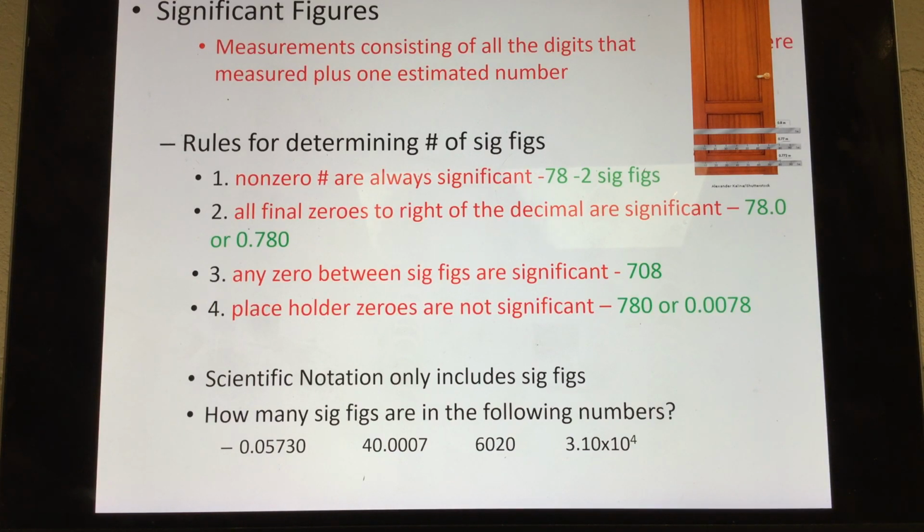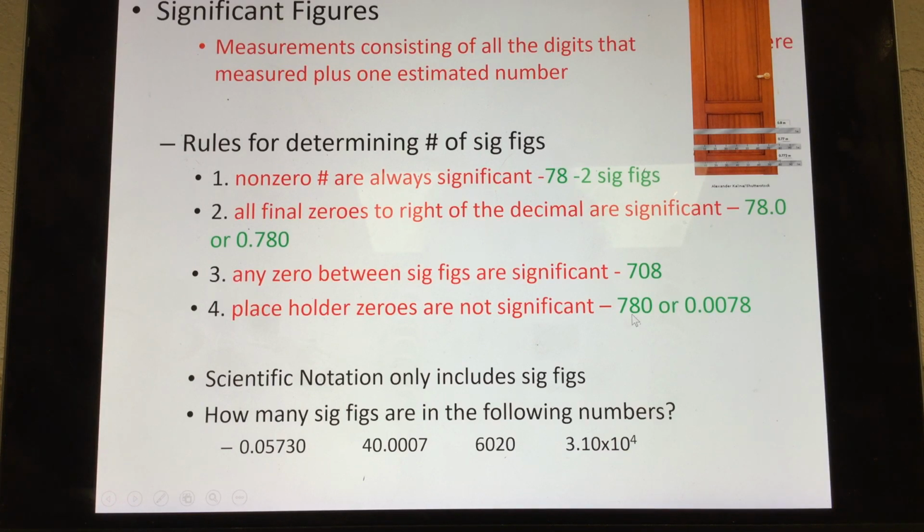The tricky one that people have the most trouble with is when zeros are just placeholders. That's where we need zeros to put the numbers that we actually did measure, that are significant, in their proper place value, but we didn't have the ability to measure the place value of those zeros.